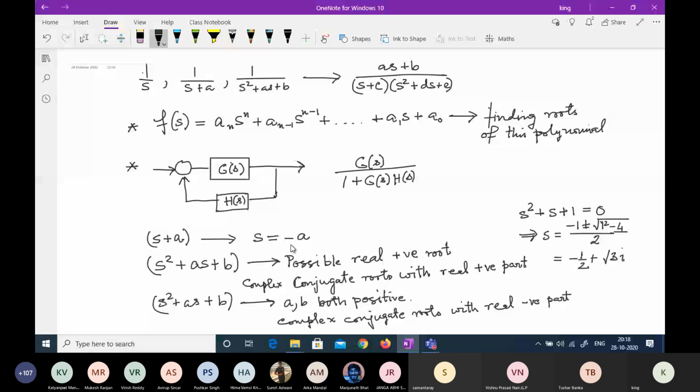Now, let us look at what these different kinds of roots will result in.